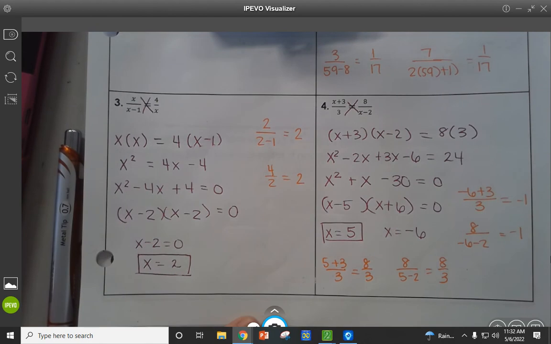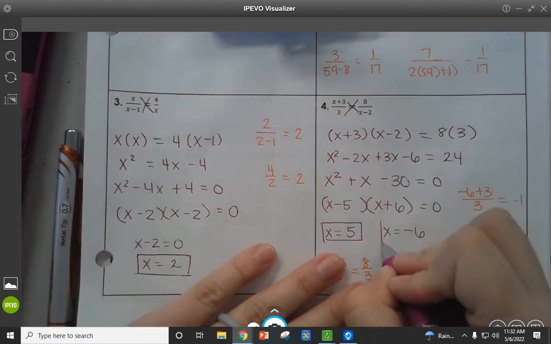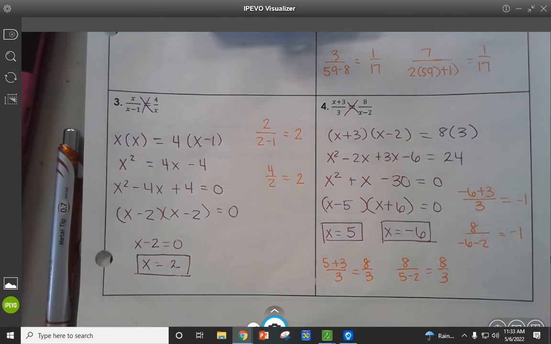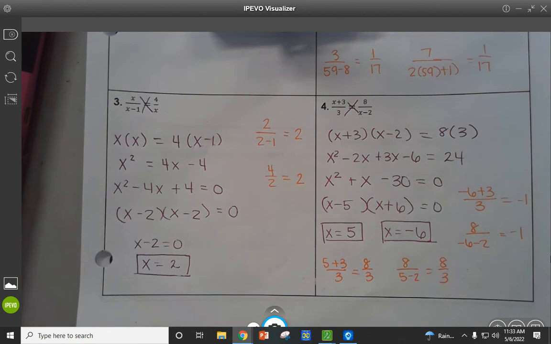And when you plug in negative 6 for both of them, you get negative 1 on each side. So those do match. And most of the time these will, but it could come up that it doesn't work out. So that's why you have to make sure that you check. Any questions?